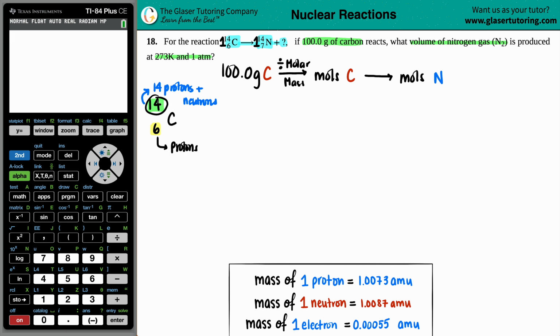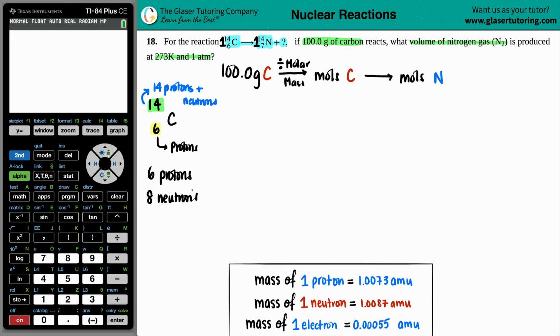That's just the number of protons. So if we have 14 protons and neutrons, and 6 just protons, I can take these two numbers and subtract them to get the number of neutrons. We have 6 protons. 14 minus 6 is 8. So we have 8 neutrons.